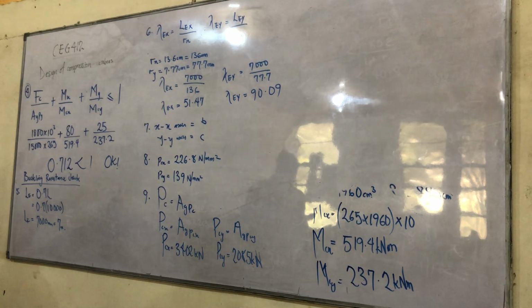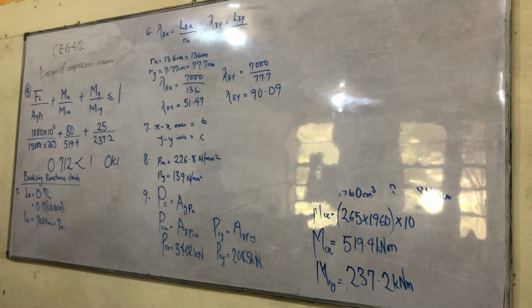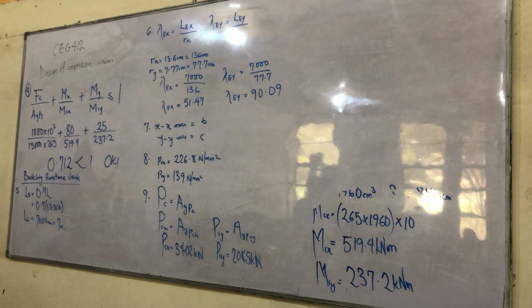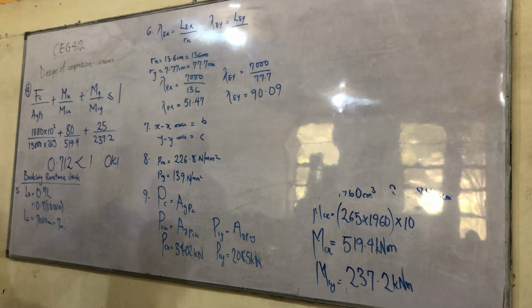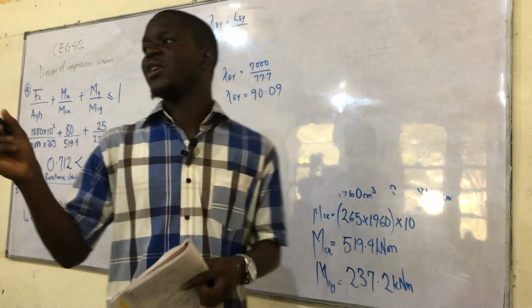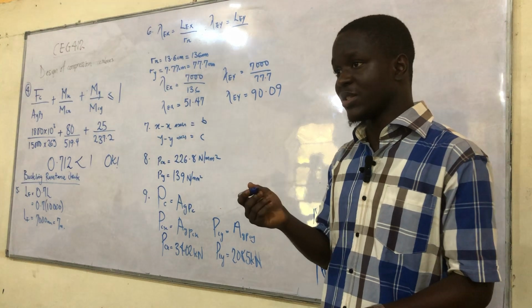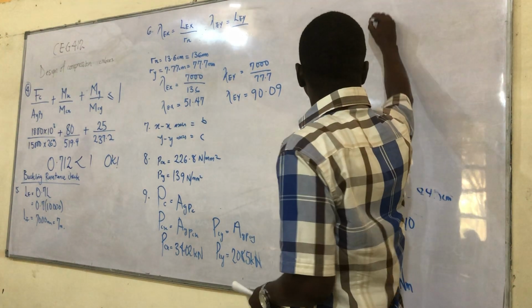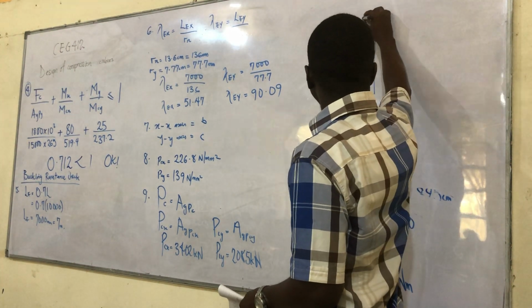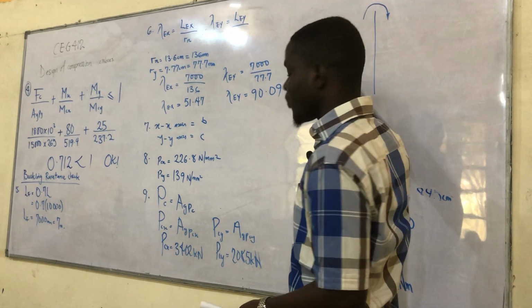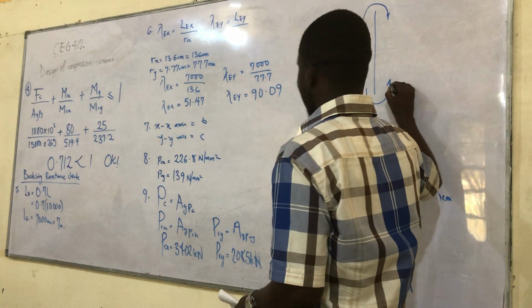Now, what this table 26 is saying is, normally, if you are given a question like this, in some cases, are you listening? When they give you a column like this, in some questions, they will tell you what the moment is on top, what the moment is at the bottom.